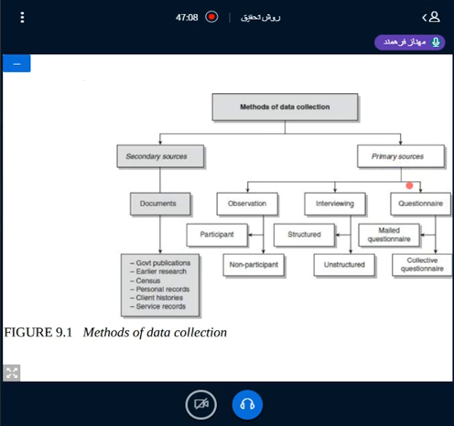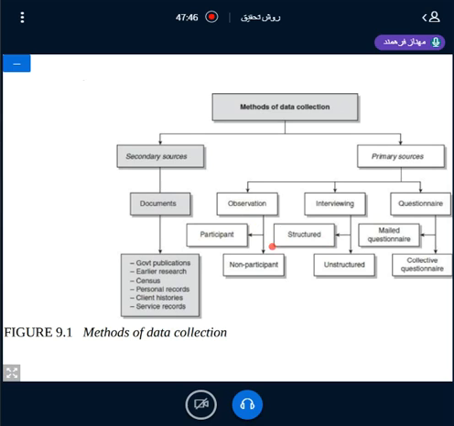Primary sources contain questionnaire, interviewing, and observation. The primary data is collected, while secondary sources are what we read. Questionnaire is divided into collective questionnaire and mail questionnaire. Interviewing is divided into structured and unstructured, which we are not going to study.